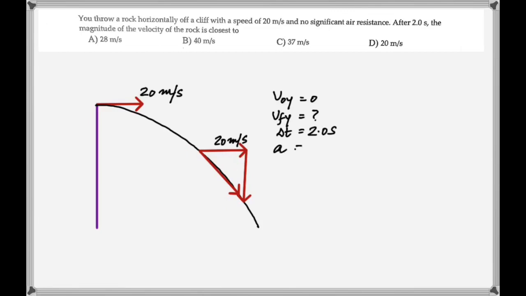We know the acceleration is negative 9.8 meters per second squared. When you take down the terms, you should be able to make out which equation to use. In this case, it is V final is equal to V initial plus A times T.